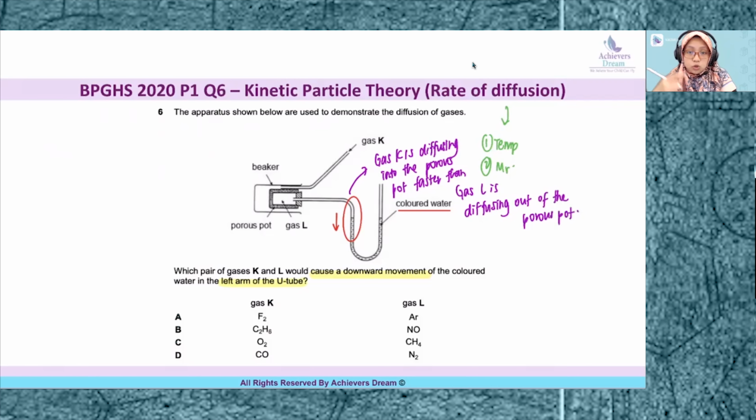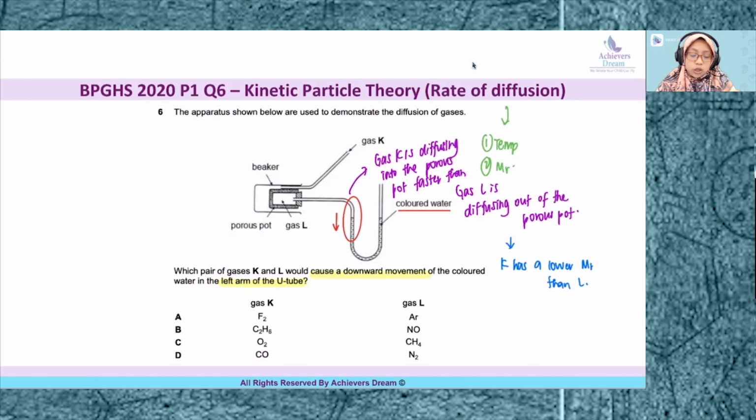So gas K is diffusing into the pot faster, so there is an increase in pressure in the pot, which causes the water level to go down. So why is gas K diffusing faster compared to L? You can conclude that K has a lower MR than L. Okay, so this is the conclusion that you need to draw based on the data that is presented to you.